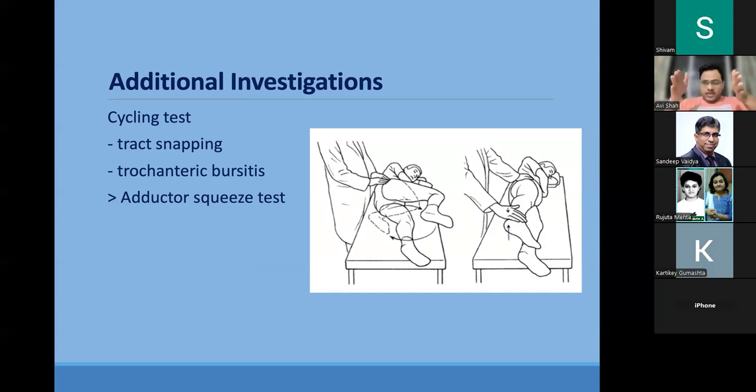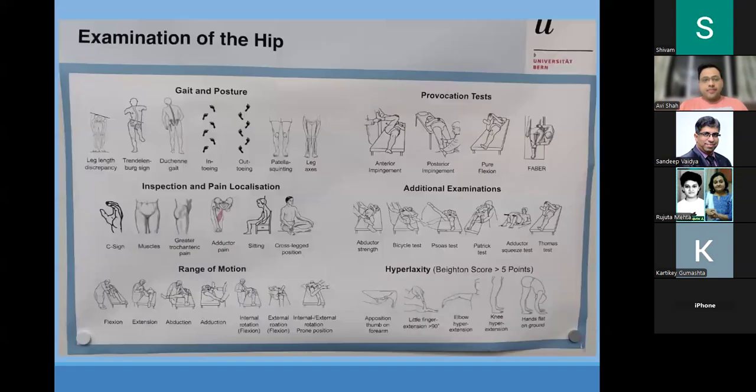Once the patient is in supine position, you tell them to flex the hip and the knees, put a cushion or keep your hands in between on the medial surface of the knees, and tell them to push inwards. Any pain on the medial side of the groin usually signifies adductor strain or some pathology in the adductor muscle. This is the only test with which you can check the adductor muscles. So you should always add that.